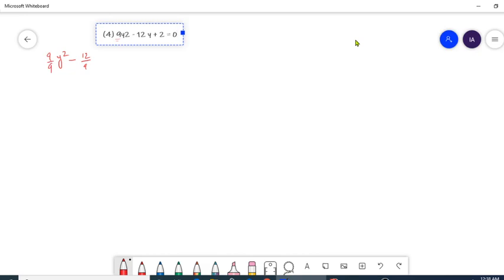So 9 upon 9, y square minus 12 upon 9 into y, and plus 2 upon 9 equals to 0 upon 9. Each and every term is divided by 9.